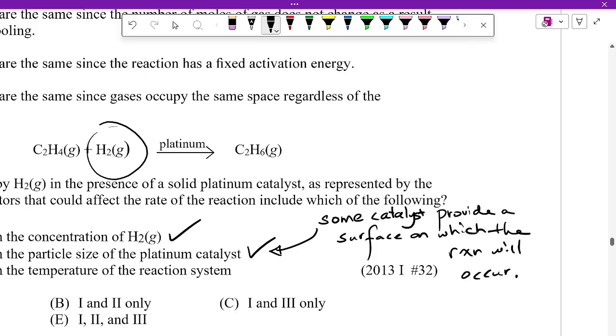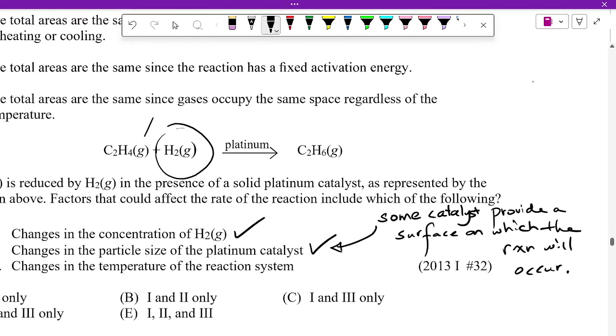No, the catalyst itself will be a solid. So it will provide a surface. So you've got two gases, but that platinum, whatever quality the platinum has, it'll be like, oh, hey, gases, you can hang out here and do your reacting. I don't know why it does that, but it does.